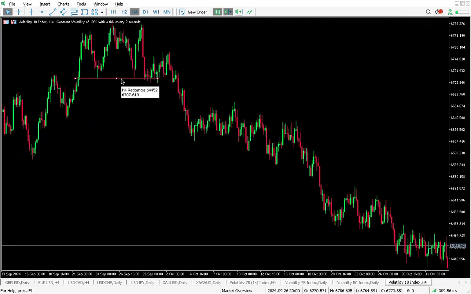Now, you might be asking, why do I stop my analysis at the 4 hours? Because the 4 hours is one of the stronger higher time frames. The 1 hour is not really as strong as the 4 hours. So the 4 hours is a better and stronger higher time frame where I stop my market structure analysis, and I also take my trades from here.